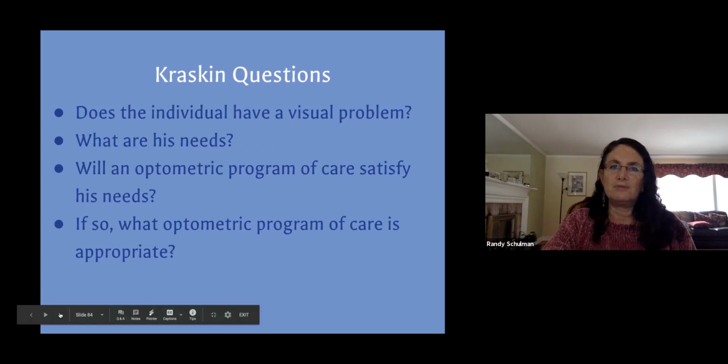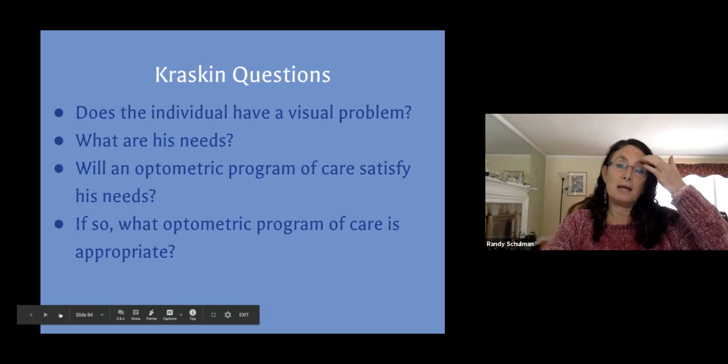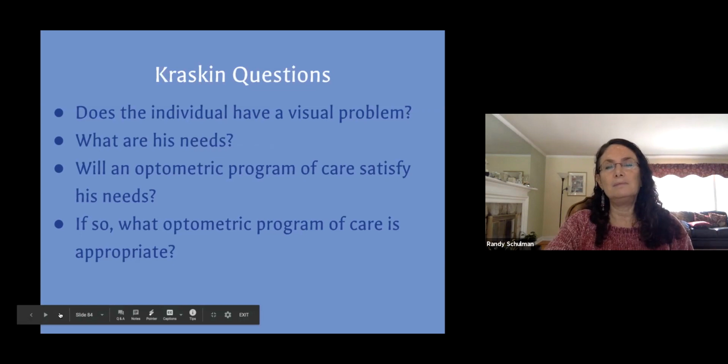So in terms of thinking about prescribing, I really like this slide by Kraskin. It asks: does the individual have a vision problem? What are his needs? Will an optometric program of care satisfy his needs? And if so, what program of care is appropriate? That's really what we're doing with every patient. We're trying to assess if there's a visual problem.